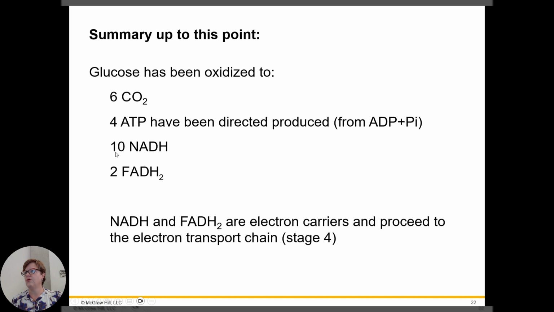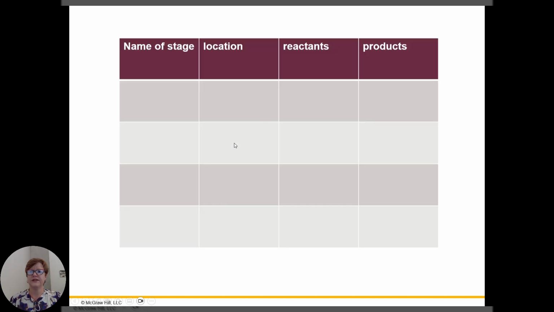We have a whole bunch of electron carriers hanging around, and those are the NADHs and the FADH2s. So I'll just fill this in and post it up for you guys. The summary of the first 3 stages that we've gone over, and you'll copy this down into your notes.